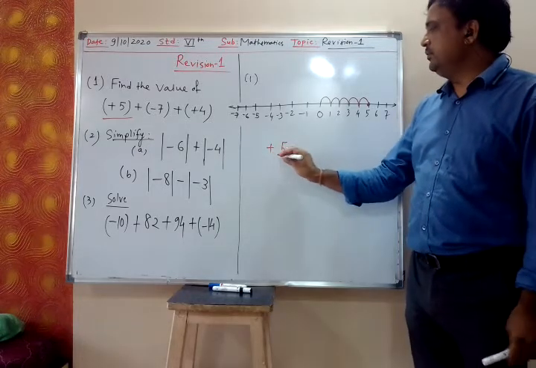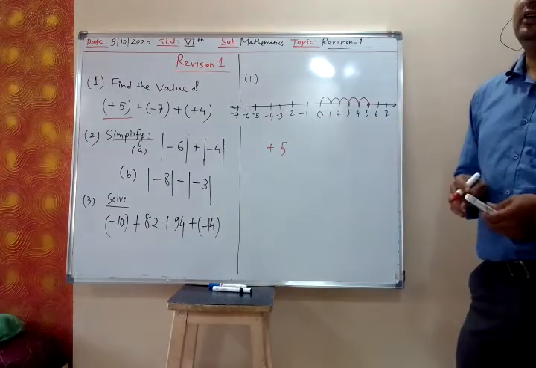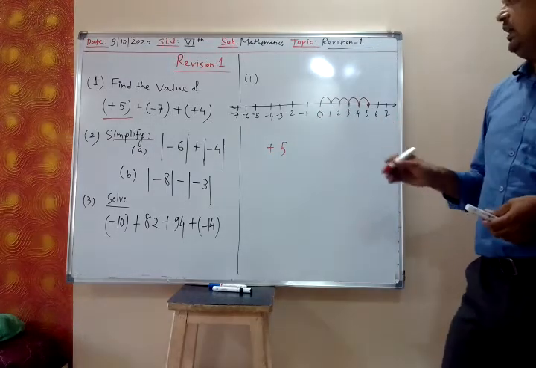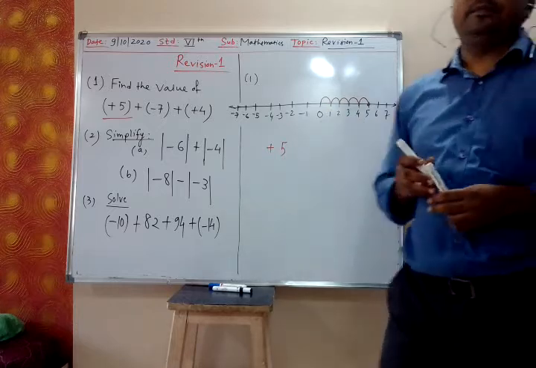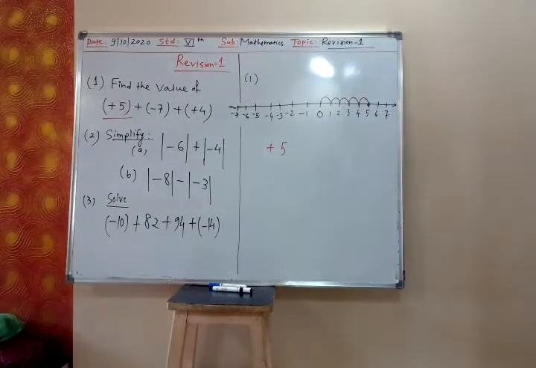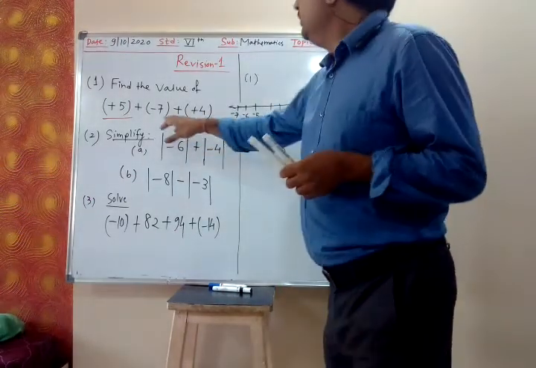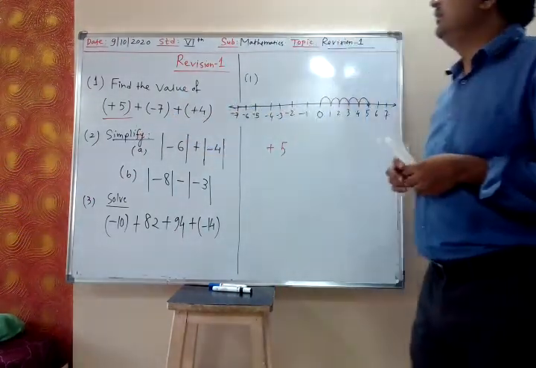For plus 5, we move 5 steps to the right of 0. Then we have plus minus 7.